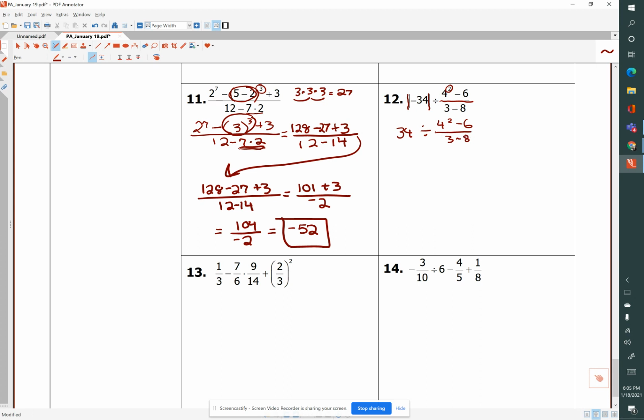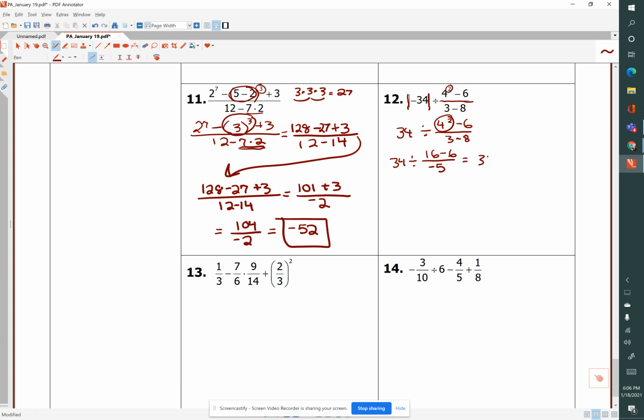Now I'm going to evaluate the 4 to the 2nd power. So that will be 34 divided by 4 to the 2nd power, which is 4 times 4, 16, minus 6 over 3 minus 8. And I can go ahead and evaluate that. 3 minus 8 is negative 5. Now let's finish the numerator.